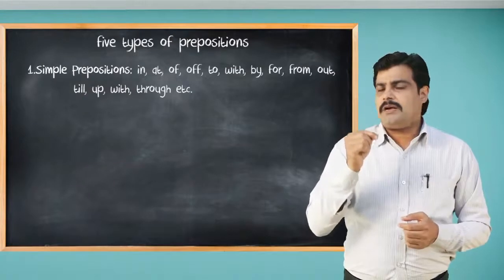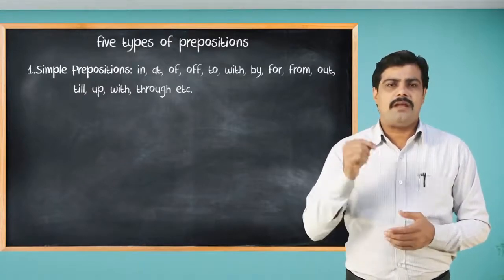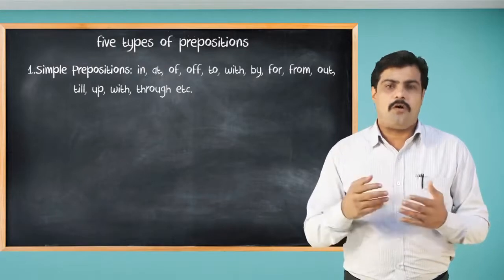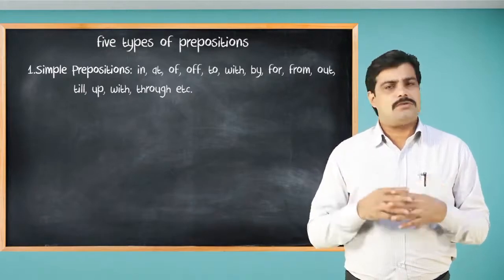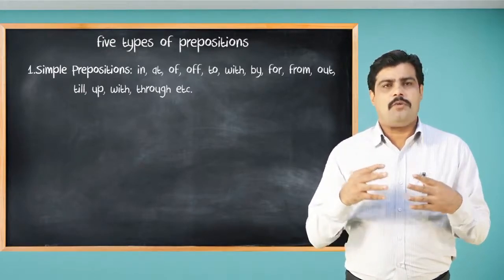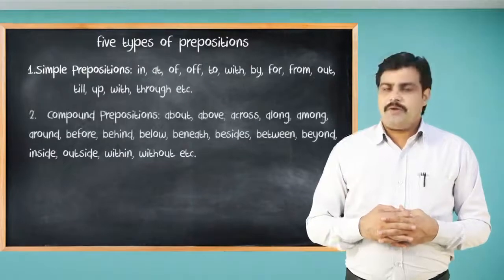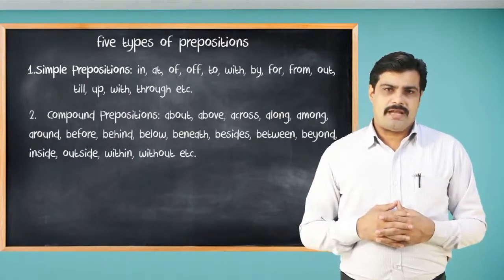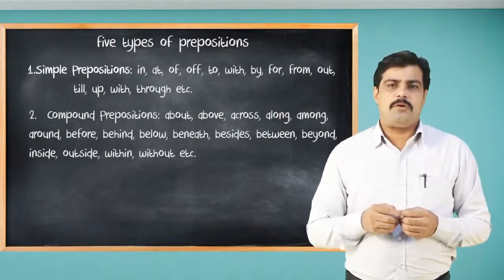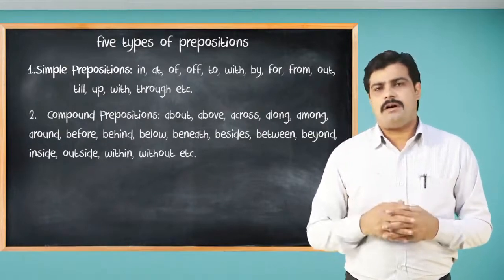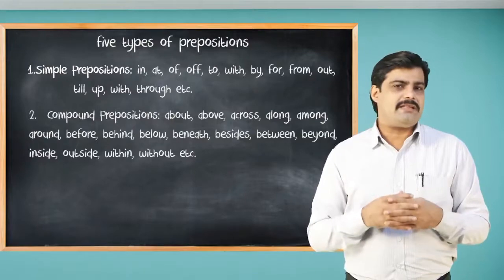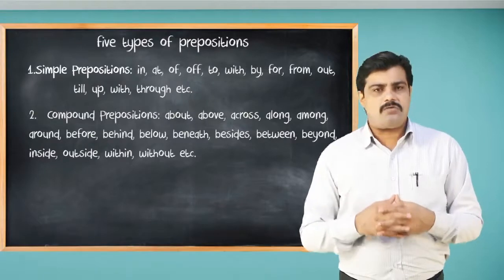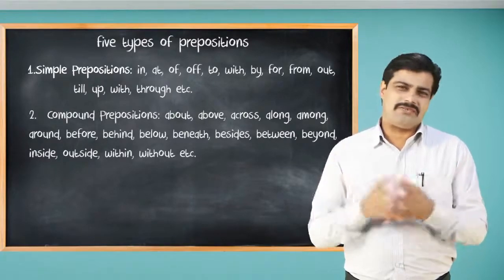These are one-word prepositions, for example, in, at, of, to, with, by, for, from, out, till, up, through, etc. The second one is compound prepositions, and these are about, above, across, along, among, around, before, behind, below, beneath, besides, between, beyond, inside, outside, within, without, etc.